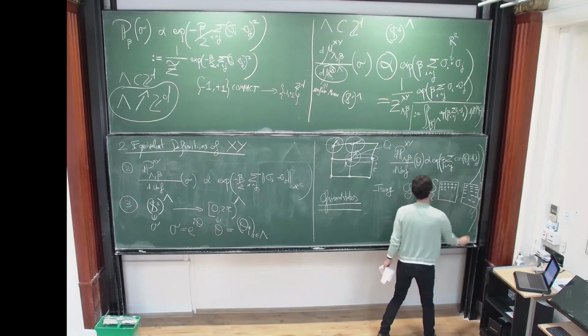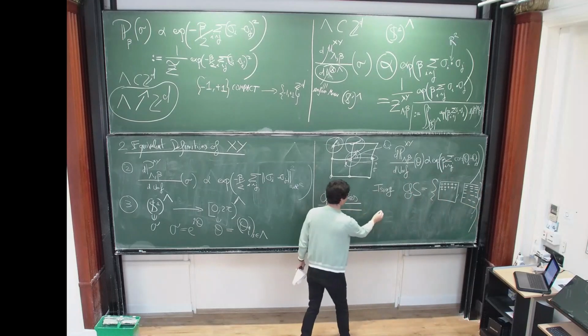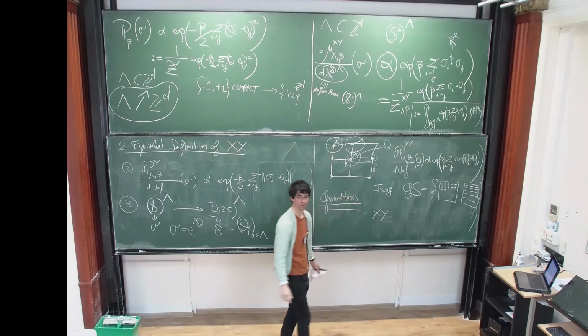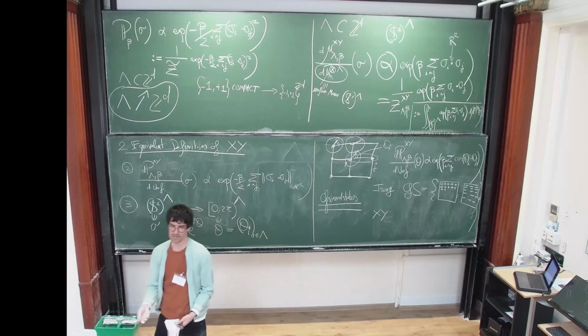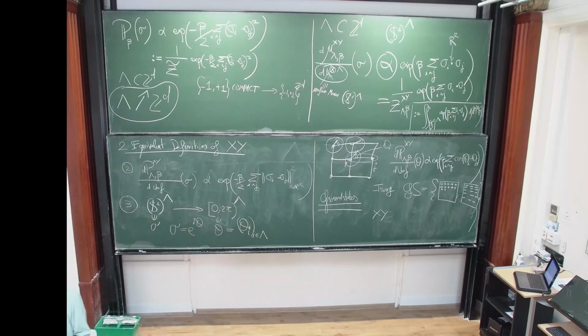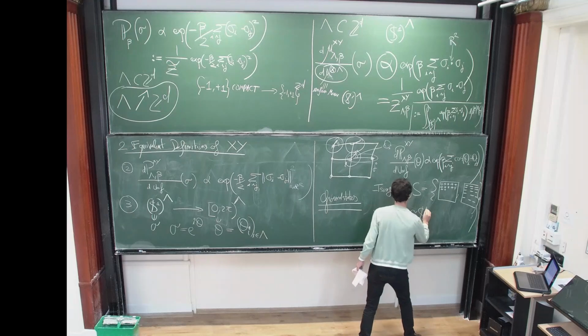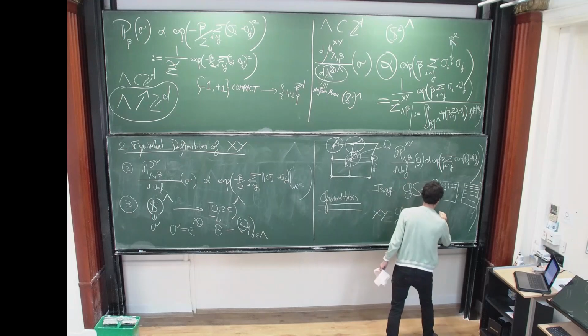Those are the ground states of my Ising model. If I do the XY model, I have more ground states. I have as many ground states as I have points in the unit circle. The set of ground states is homeomorphic to S1. And each time I choose a direction in my unit circle, the ground state is made of everyone picking this direction and sticking to it.